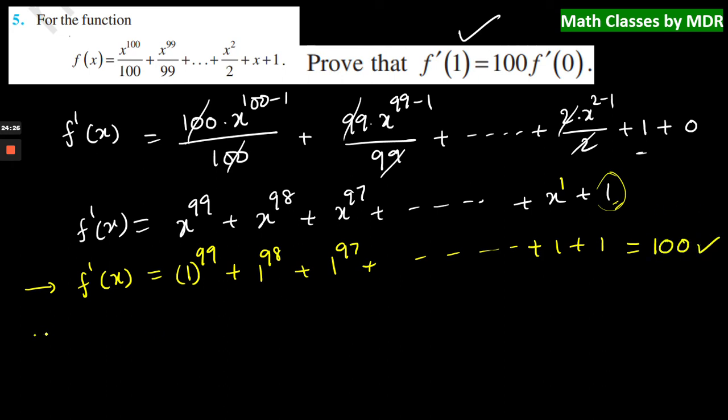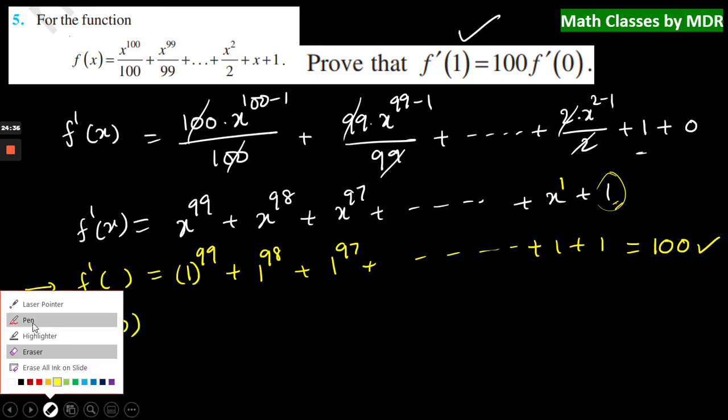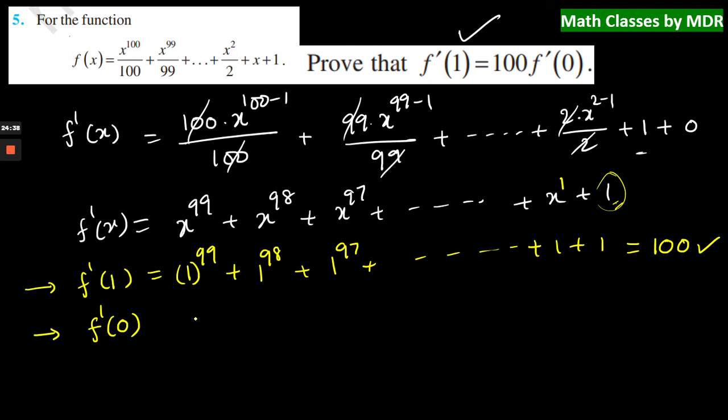Now let us see what is 100 f prime 0. What is f prime 0? F prime 0 is 0 plus 0 plus 0. Anything to the power anything is 0 until the last term, 0 plus 1. We'll get 1 here.